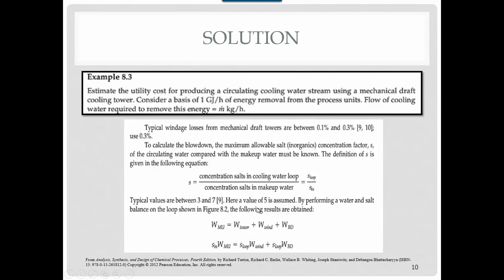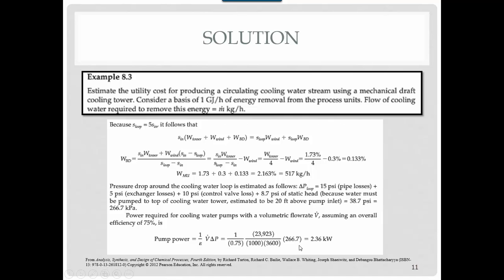Typical values are between 3 and 7, and they did this calculation based on 5. If you now do a material balance on the amount of water and the amount of salt in the system, you're going to be able to solve and find the amount of water that you need to make up due to the salt and wind losses. Instead of being 1.73%, now I'm over 2%. In fact, I'm going to need to make up 500 kilograms per hour.